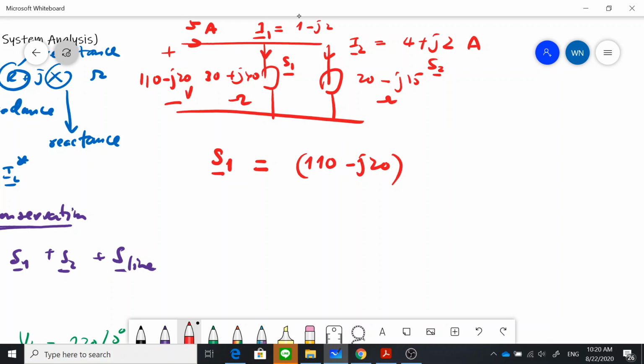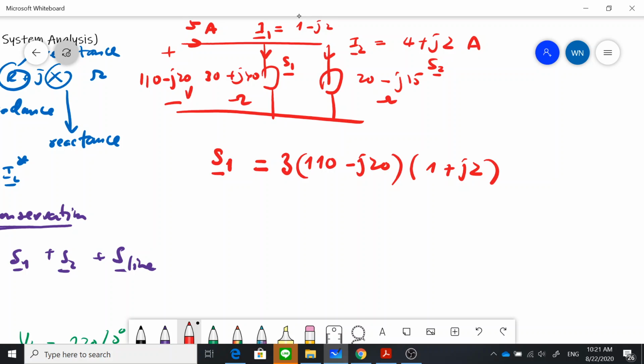So there are two ways that you can compute S1. You can use the basic definition of the complex power, which is V times I conjugate. I will do both. V times I conjugate. I conjugate would be 1 plus j2. Remember, this is an I conjugate. And since you have the three phase, you multiply this by 3 because this is the total power delivered to the load.